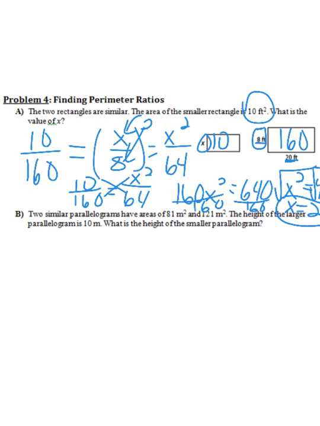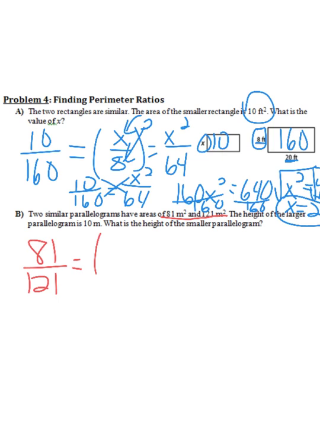Our final example of the lesson, we've got two similar parallelograms have areas of 81 meters squared and 121 square meters. The height of the larger parallelogram is 10 meters. What is the height of the smaller one? So we are given two areas. Okay, we are given 81 and 121. That's an area ratio.